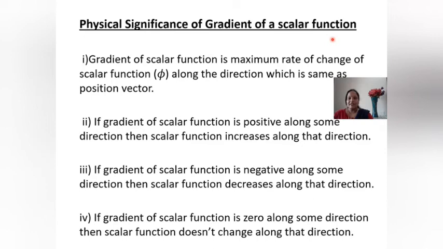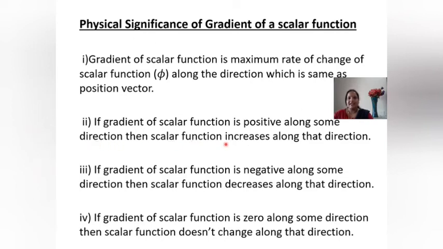Physical significance of the gradient of a scalar function. From the physical interpretation, the gradient of a scalar function is the maximum rate of change of the scalar function φ along the direction of the position vector. If the gradient is positive along some direction, then the scalar function increases along that direction.